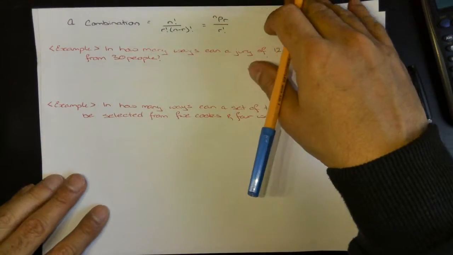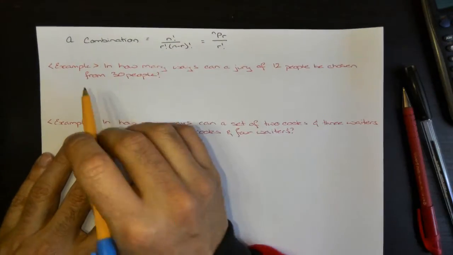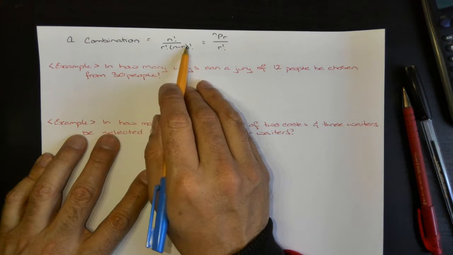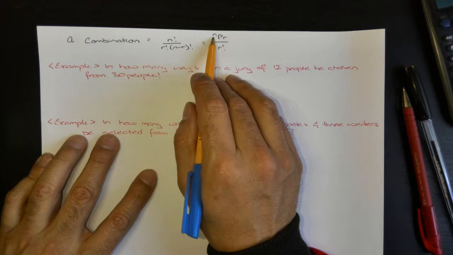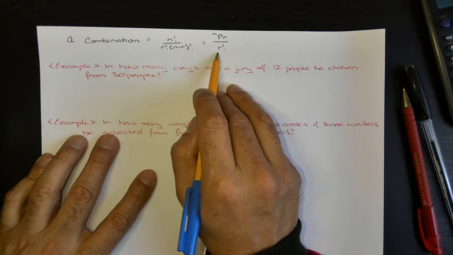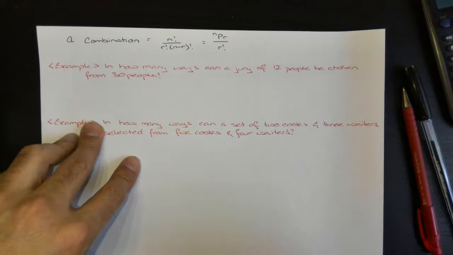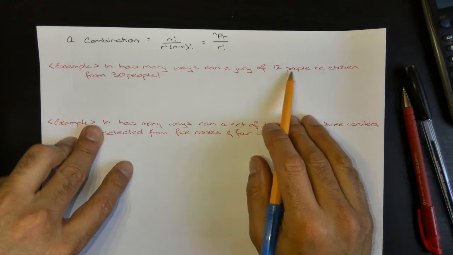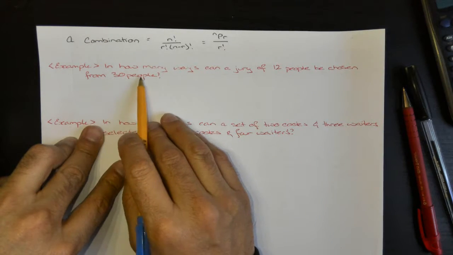So we know that a combination is n factorial over r factorial times (n minus r) factorial, and that's the same as the permutation, n permutated with r, divided by r factorial. So for example, in how many ways can a jury of 12 people be chosen from 30 people?